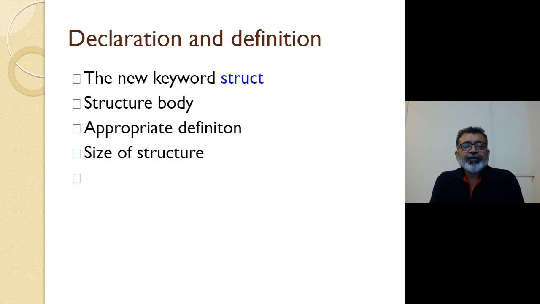Dipti: Sir, will it be wrong if I write S1 dot first name? Yeah, it will be wrong. It is that constant pointer that I taught you. What it means, I will show you.